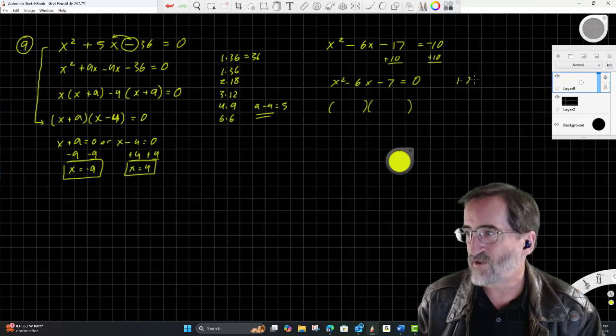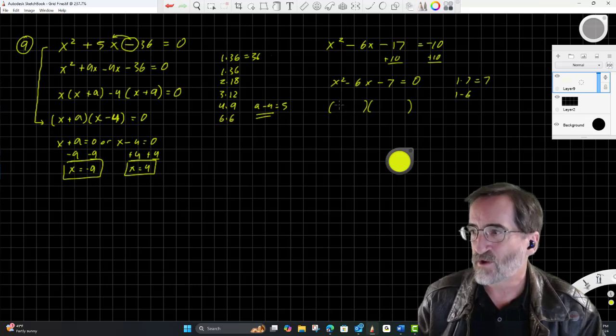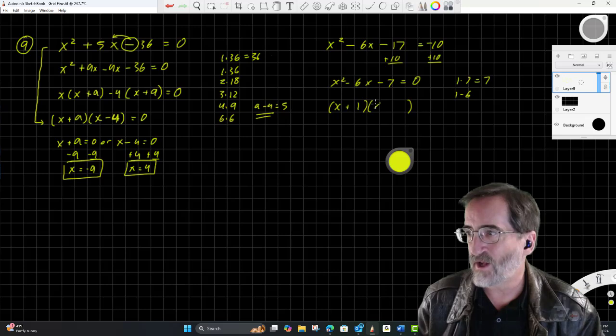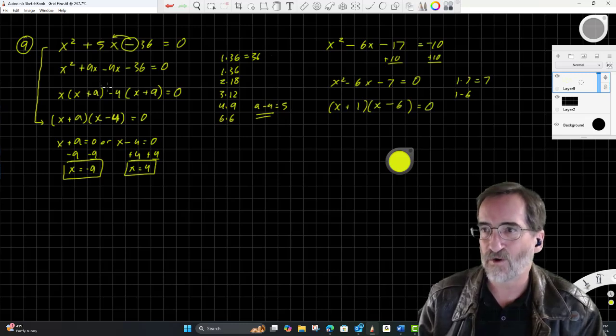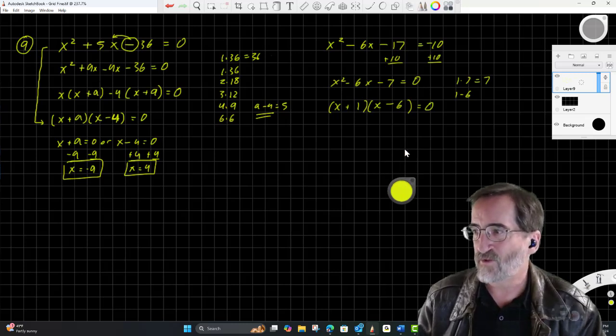1 times 7 is 7, and that's really about it. And that has a difference of 6 if we make the 1 positive and the 6 negative. So we're going to do x plus 1 and x minus 6. Notice how in this method I just go straight to the factors. I don't do all the grouping and stuff in between.